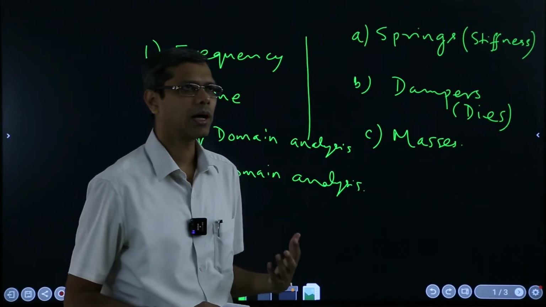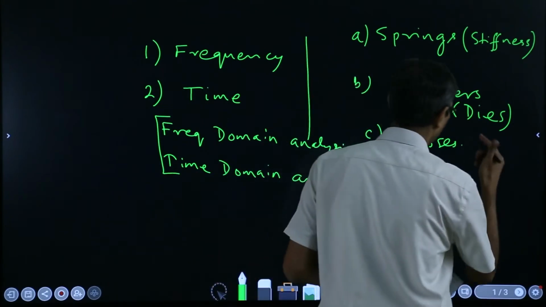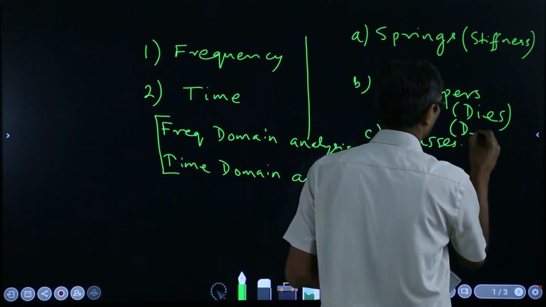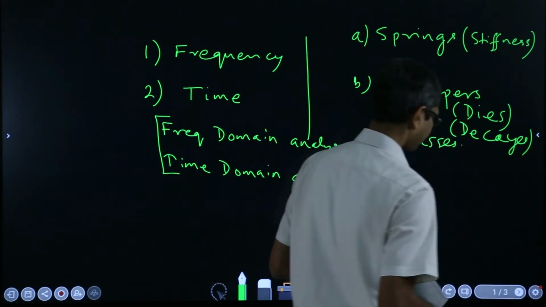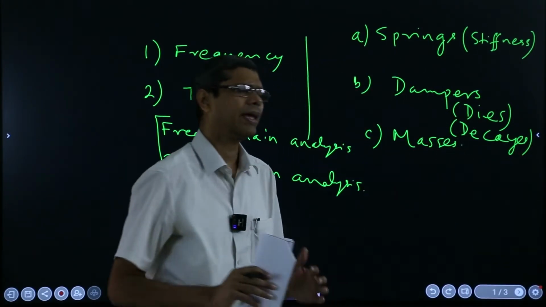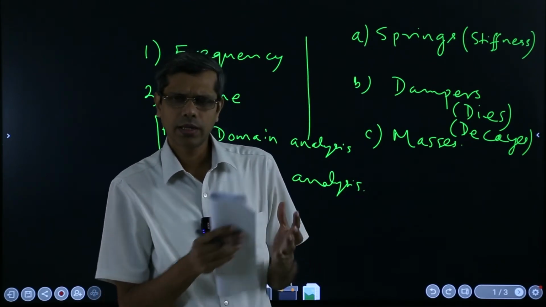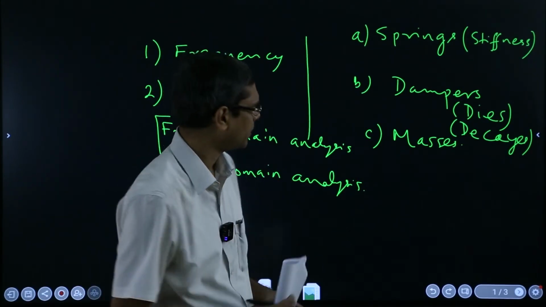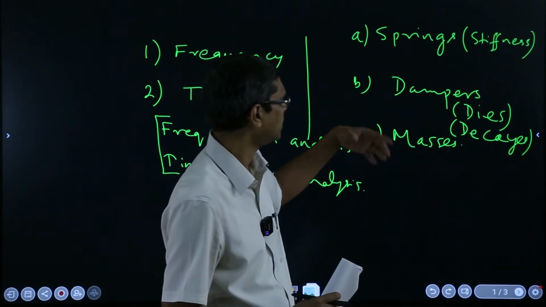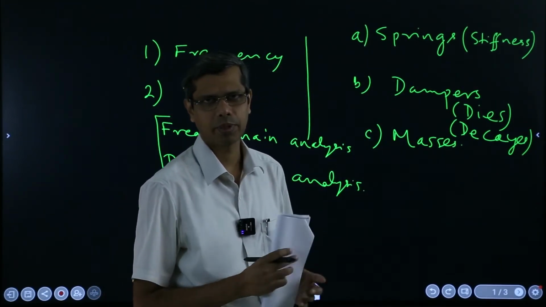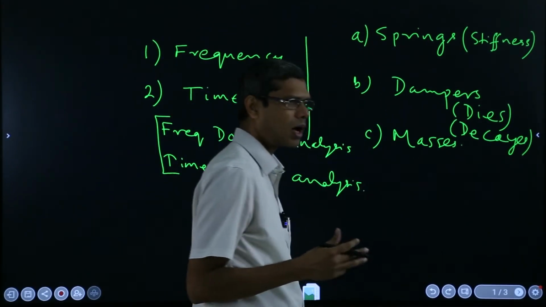So that means it decays. Everything has a tendency to die out, decay. And that property of any dynamic system is termed as damper, in general. And then this is the mass.